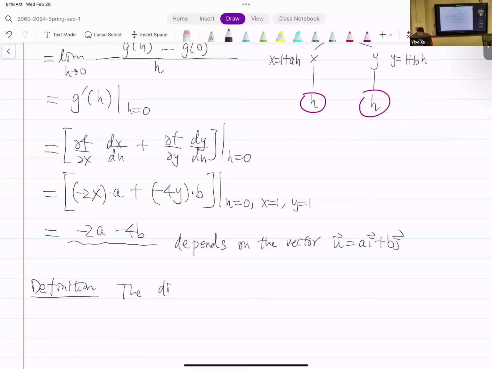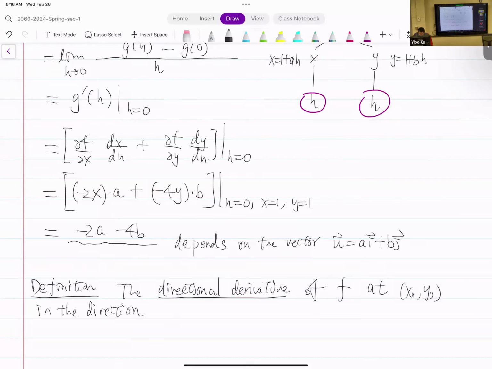The directional derivative of a function f at any point x0, y0 in the direction of a unit vector, we still call it u, as ai plus bj.